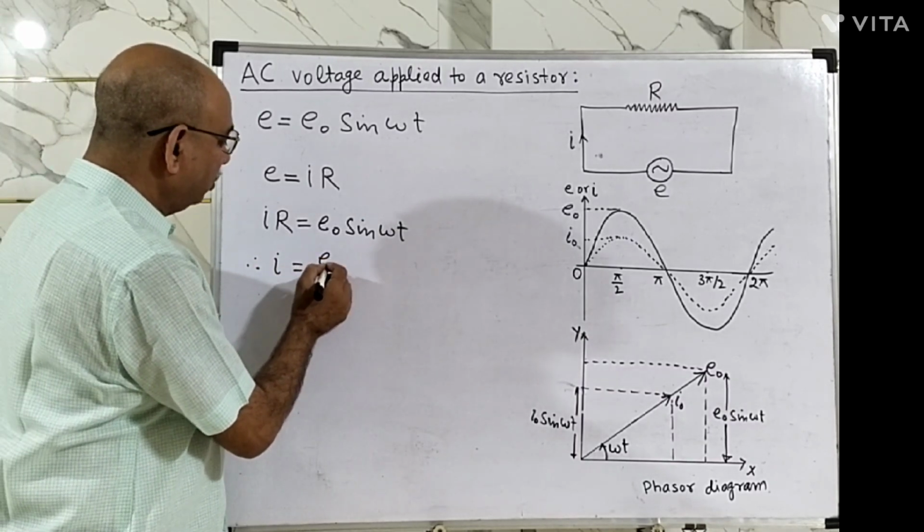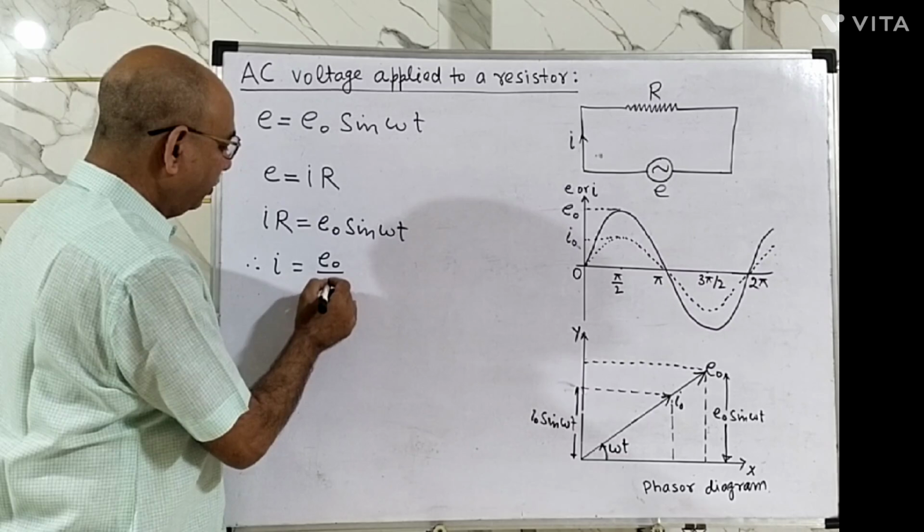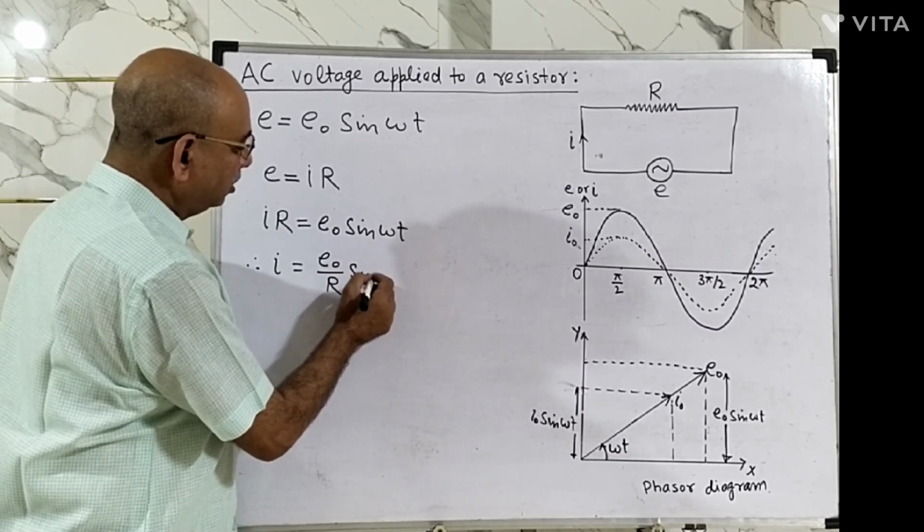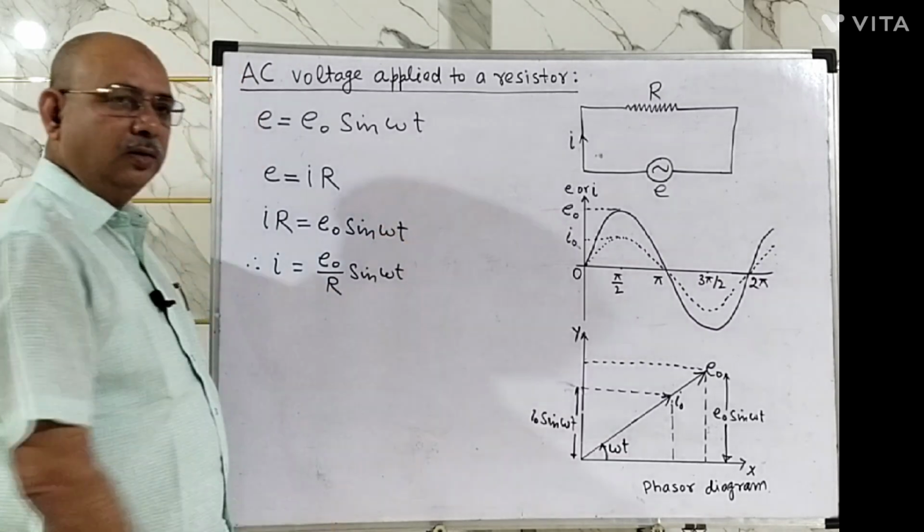Therefore, I is equal to E naught divided upon R sine omega t.